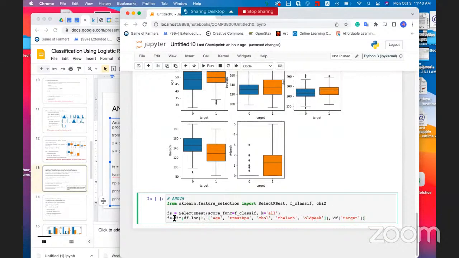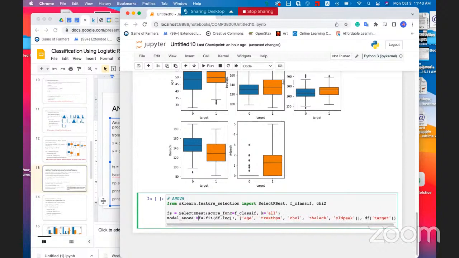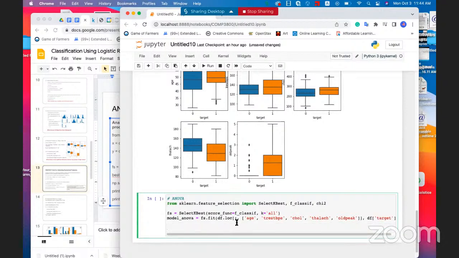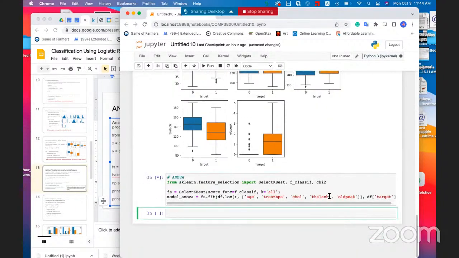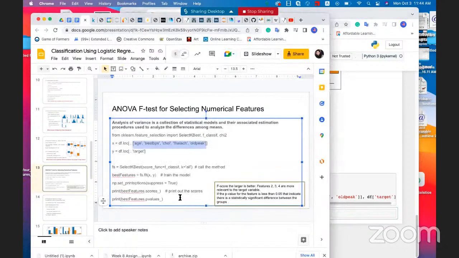It's really quite the same as the one we used, the ANOVA model. So we build this model, and then what we will get is the scores.